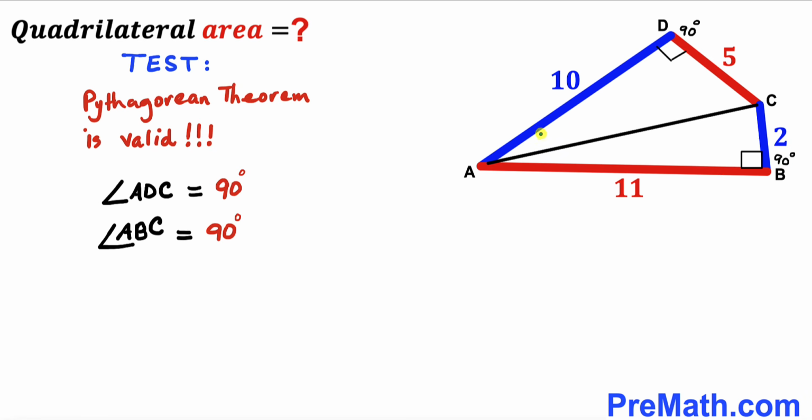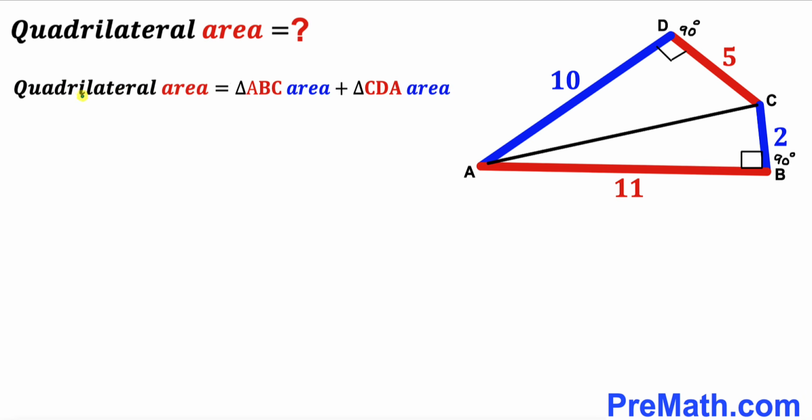So therefore we conclude that this triangle ADC is a right triangle, and likewise this other triangle ABC is a right triangle as well. So the area of this whole quadrilateral ABCD is going to be equal to the sum of these two triangle areas, the triangle ABC area plus the triangle CDA area.